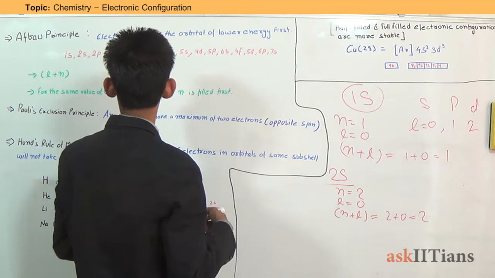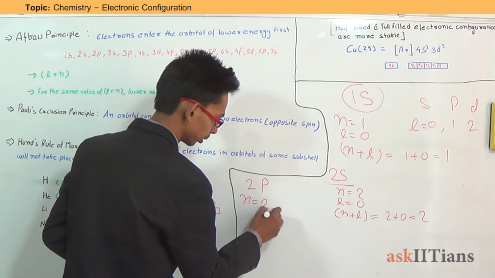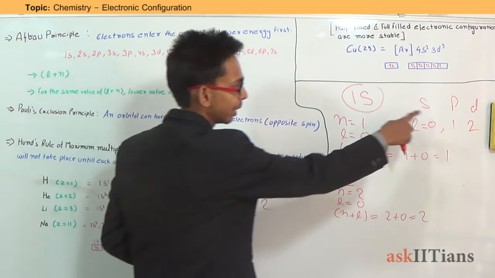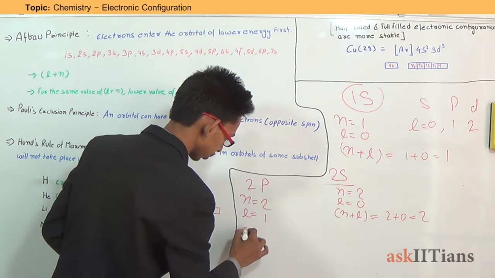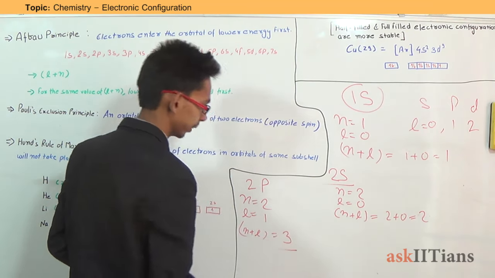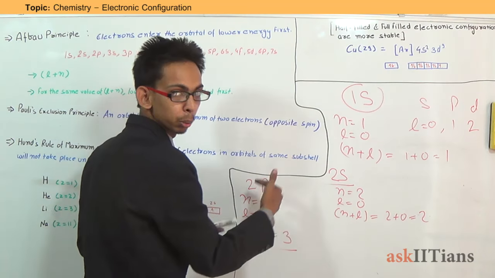Now if we talk about the 2p orbital, n is equal to 2 and l is equal to 1, since p stands for 1. So n plus l becomes 3 here. This one is of higher energy as compared to 2s.